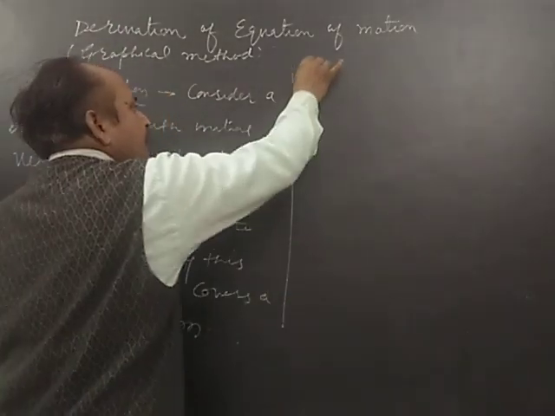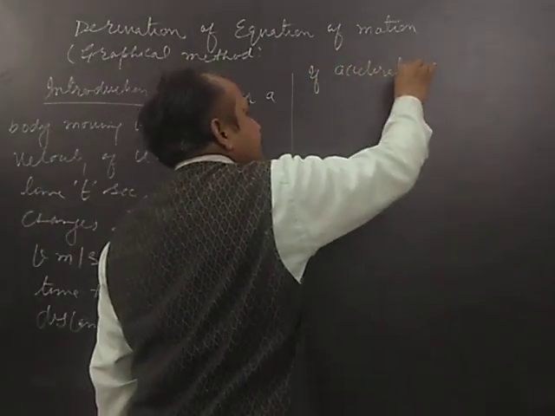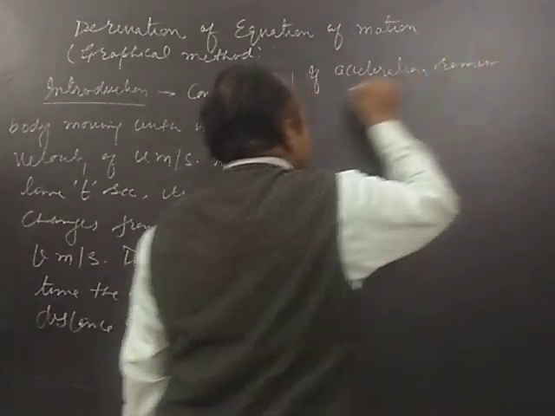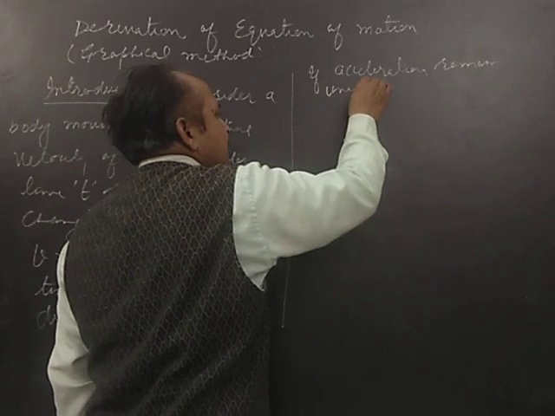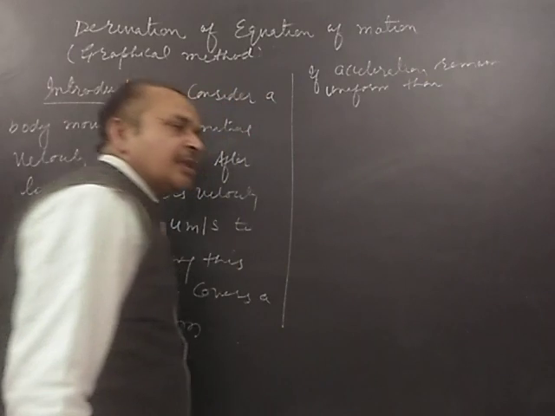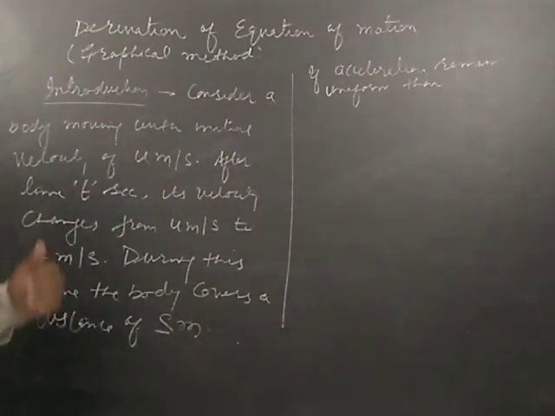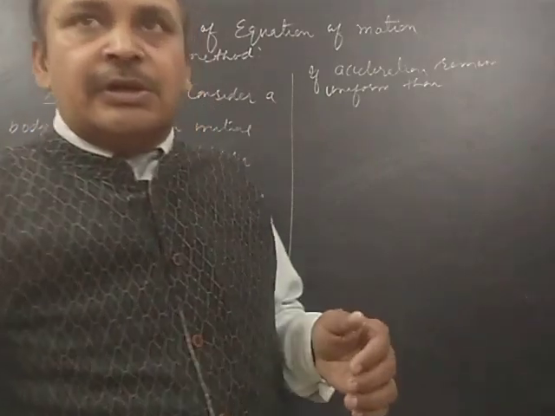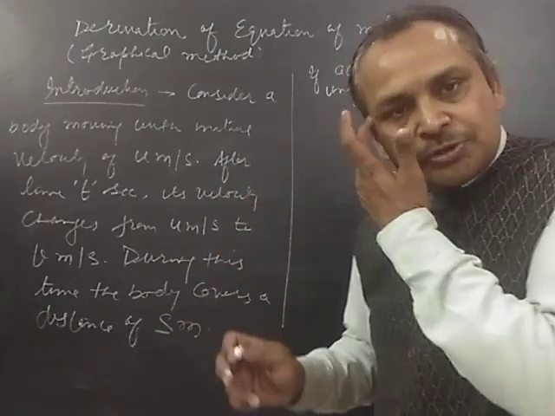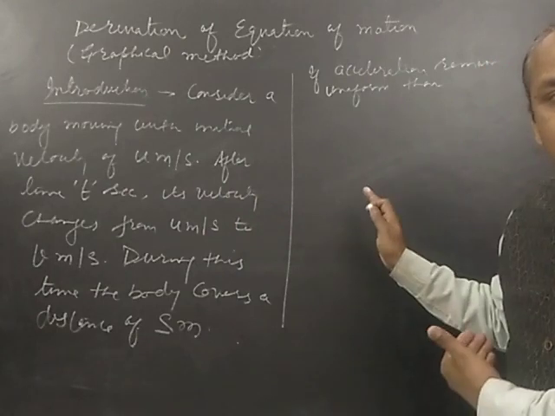Now, if acceleration remains uniform, then, now this is our normal introduction which we are writing for deriving all sorts of equations of motion. But this we have to now convert into a graph.